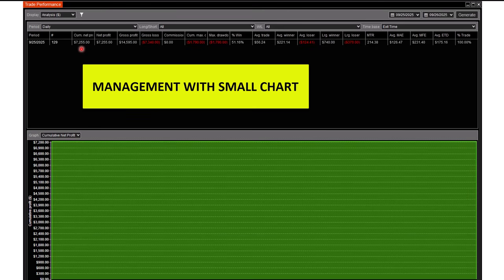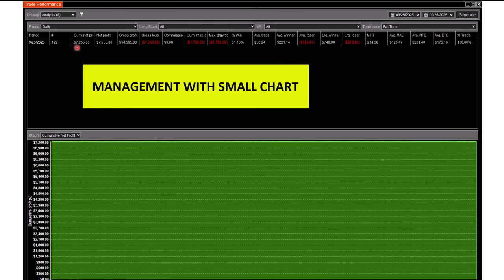I remember on Thursday I was up over 8 grand during the trading session, and on Friday I made over 7 grand too. So if I would have the energy to do another day, you'd see another $7,000 or $8,000 on the second day, just by using management on your small chart and a little bit of common sense.